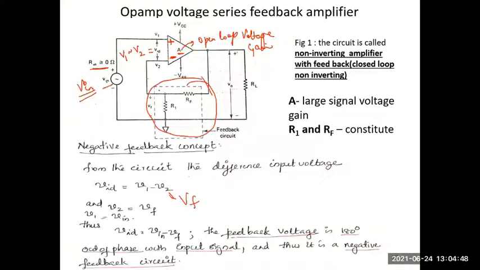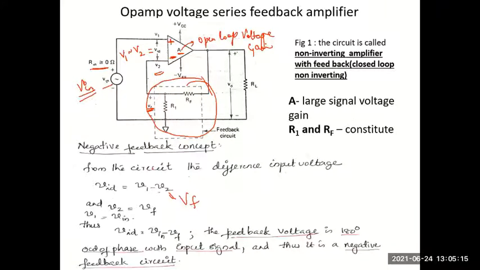This VF, that is the voltage across R1, the feedback voltage, is connected as V2. And what is V1? The non-inverting terminal is connected to the input signal source. V1 represents the non-inverting terminal. It is connected to the input signal source.